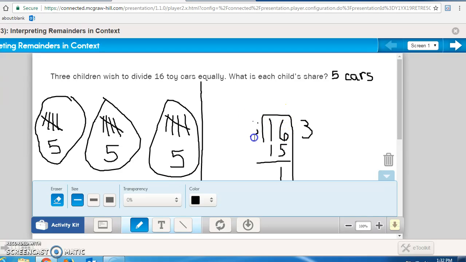I put divided by 5. There were not 5 children. There were 3 children. So my 3 should have been on this side. So 3 goes into 16 5 times. And again, when I multiply back, I get the same 15. So my answer is 5 cars. But since I can't divide this one up, that's simply my answer, 5.